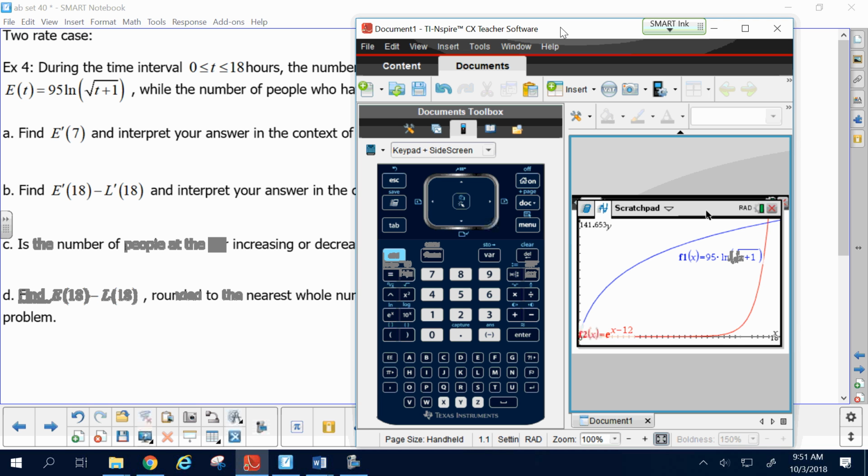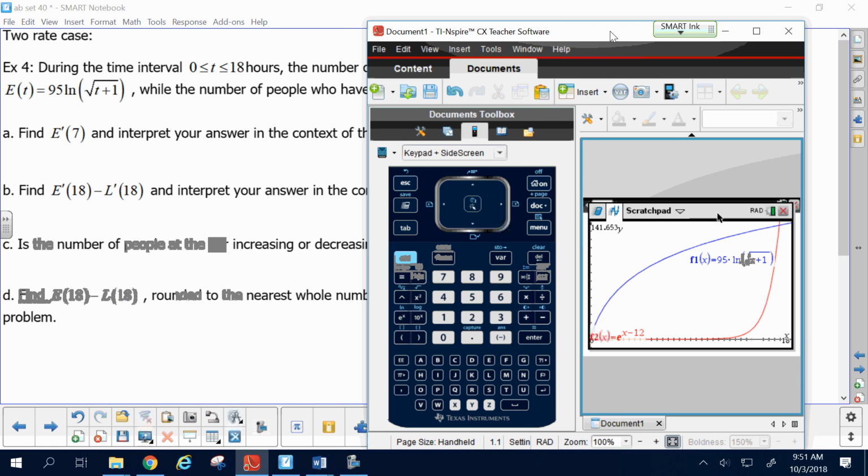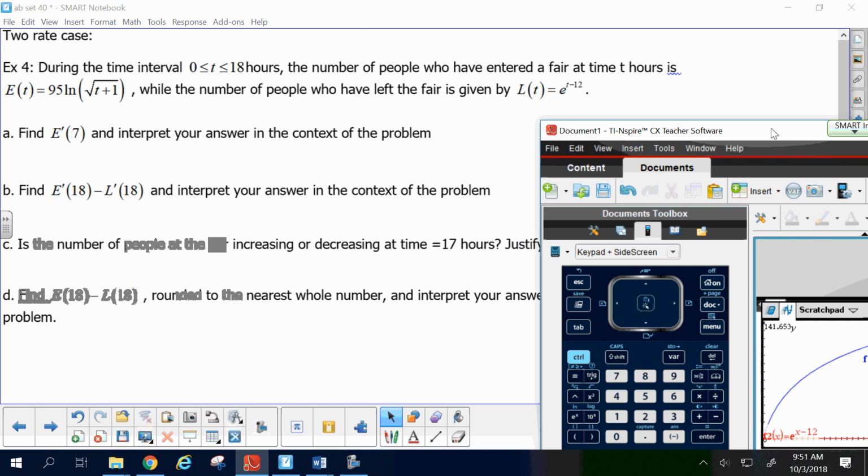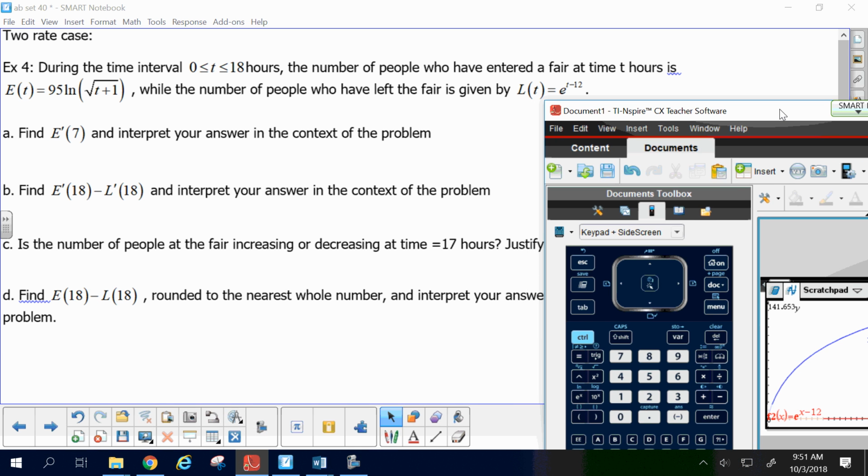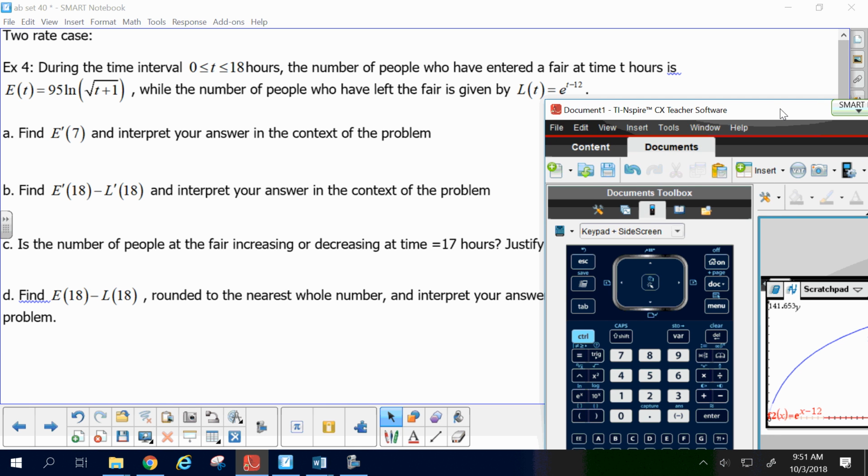Okay. Actually, if enter is more than leave, then the number of people will be increasing, and when leaving is greater, the number of people will be less. So we'll talk about that in a second, but let's go to A.